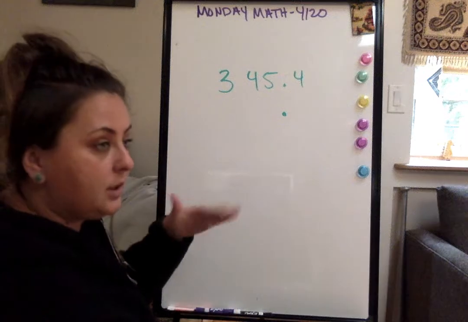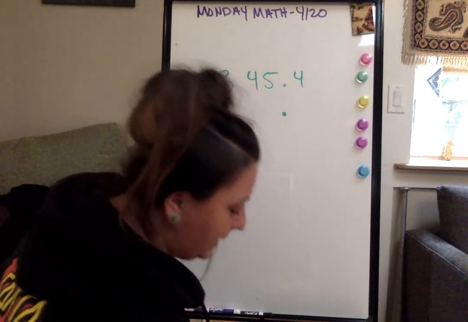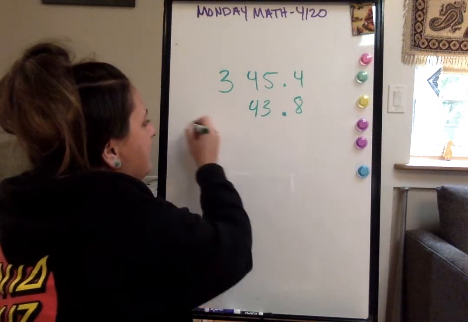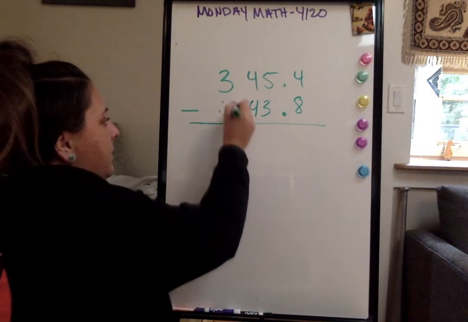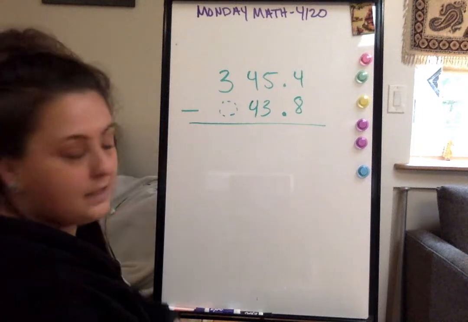Addition, subtraction, you got to line them up. Minus 43 and 8/10. If you need to fill this in with the 0, do it. If you don't have to, you just know, blank spot, 0.